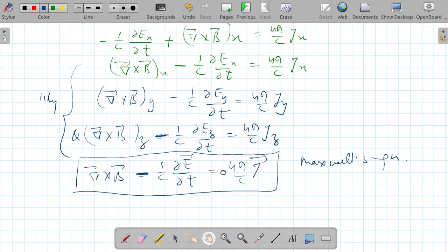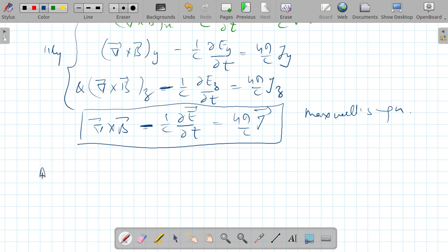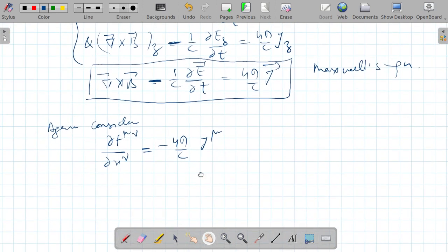Now we will again consider the same equation, ∂F^{μν}/∂x^ν is equal to 4π/c J^μ, and let us take μ equal to 0. So if I use this, then ∂F^{0ν}/∂x^ν is equal to −4π/c J^0.